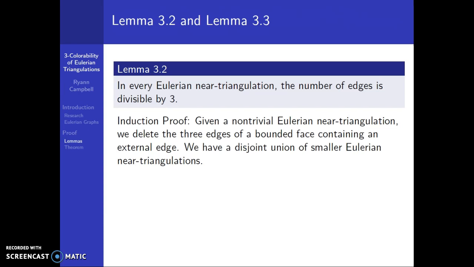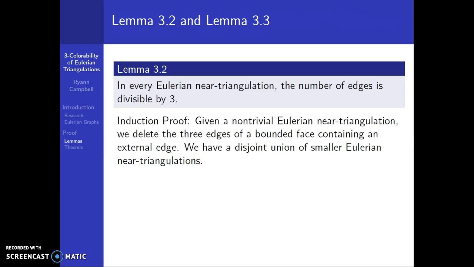So let's begin with a non-trivial Eulerian near triangulation, and let's call that graph G. F is a bounded face containing an external edge. So this would be one of those edges that is also on the unbounded face.